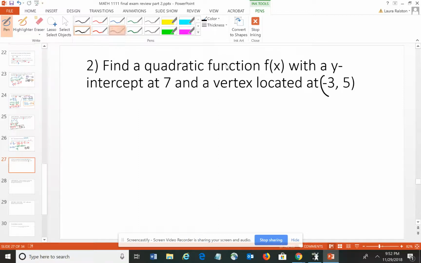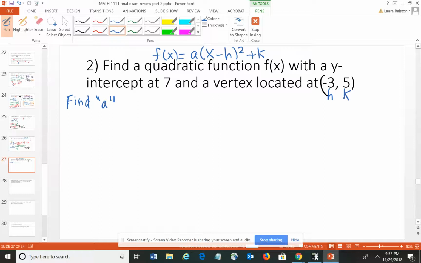So again, with these questions, it's really two steps because initially you have to find a. Remember, the formula for a quadratic is f of x equals a times x minus h squared plus k, where h and k are your vertex. So h here is -3 and k is 5.